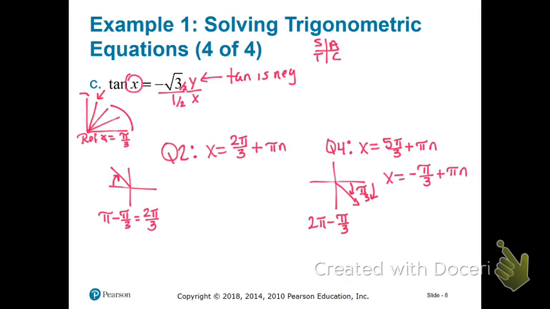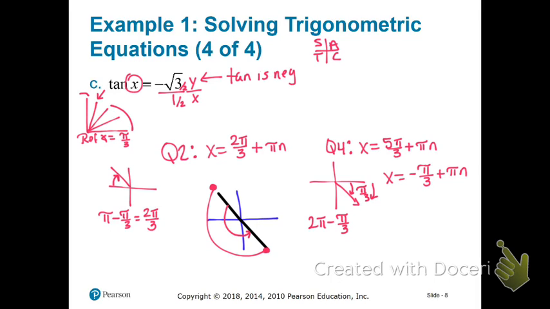No, but wait a minute. I see something funny here. When I graph these, here's my quadrant 2 angle. Here's my quadrant 4 angle. What do you notice? They form a straight line. How far apart are they then from each other? Pi. So when I took this 2 pi over 3 right here, and I add a pi to it, I'm landing on the next one, aren't I?